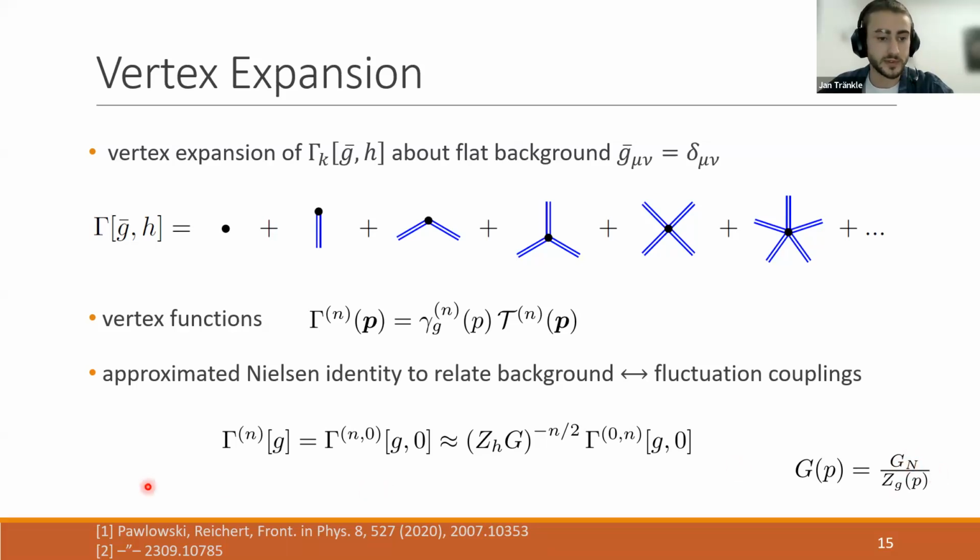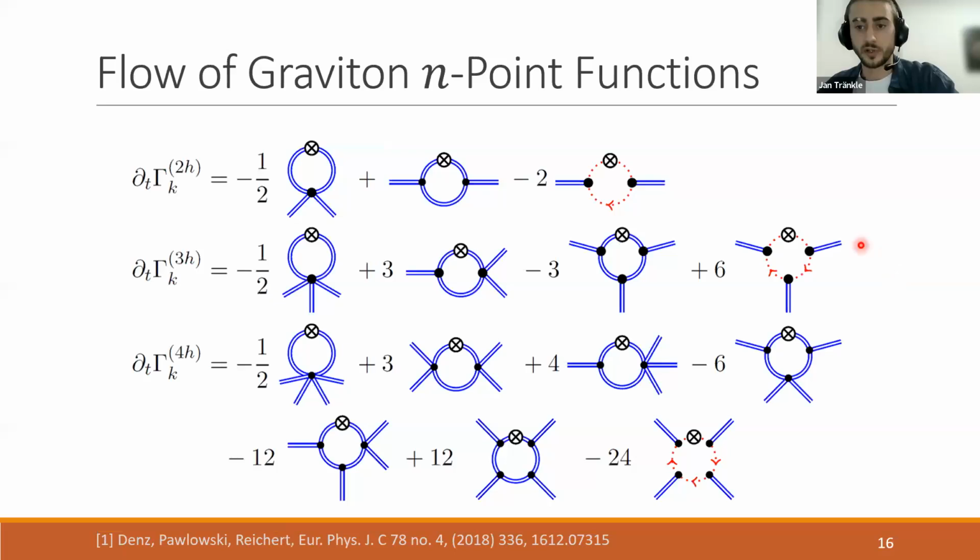Now for reviews on the whole fluctuation approach and the vertex expansion, there are two nice reviews, which are linked down here. So this is what it looks like when we insert our vertex expansion into the flow equation. We get a set of flow equations for the endpoint functions themselves, given in terms of the higher endpoint functions.